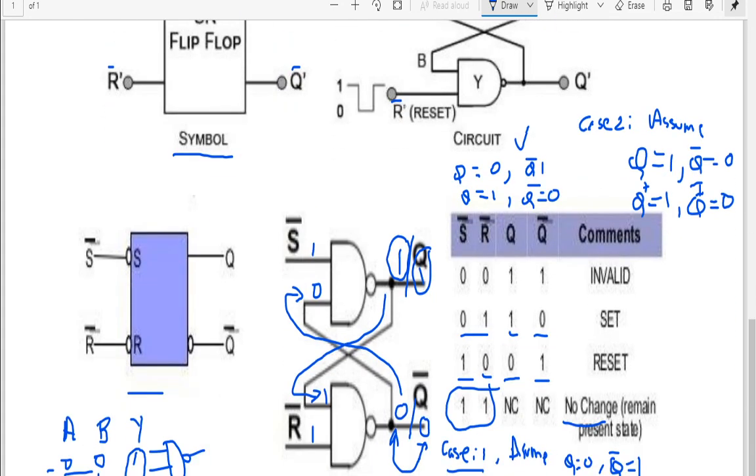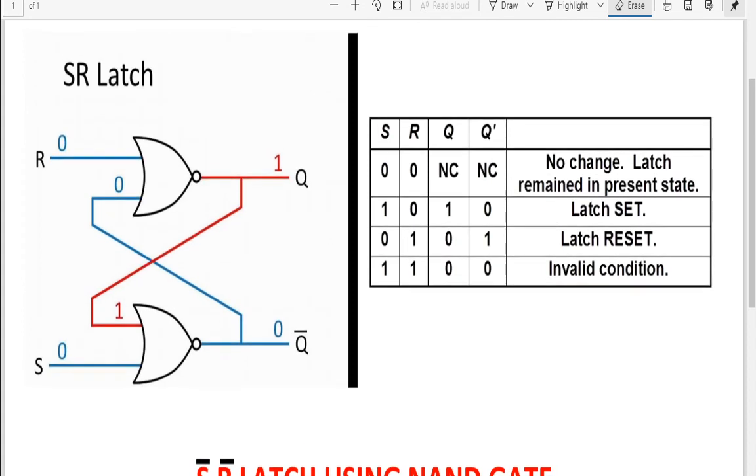So if you compare the truth table of the S bar R bar latch using NAND gate and the SR latch using NOR gate, you can see it is a reverse of the NAND gate.